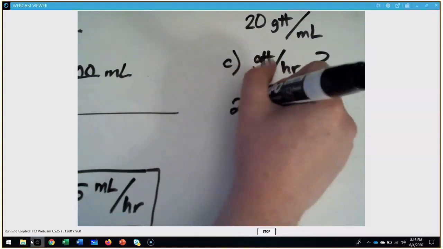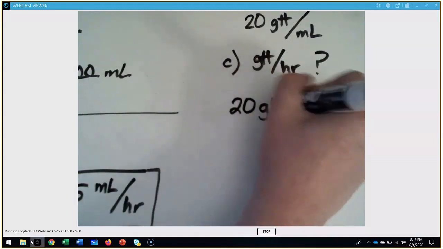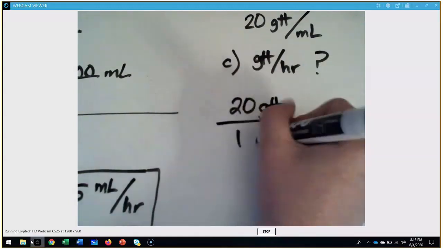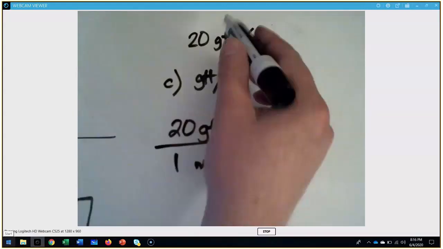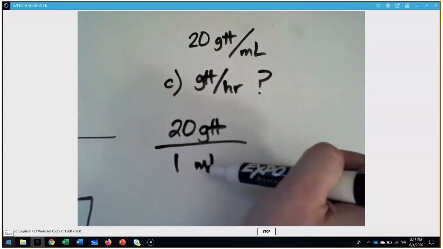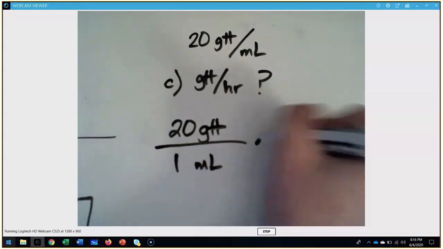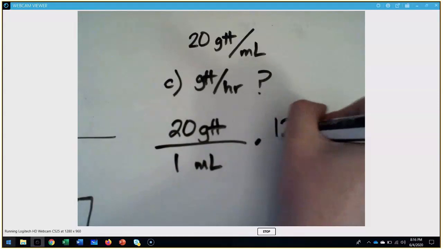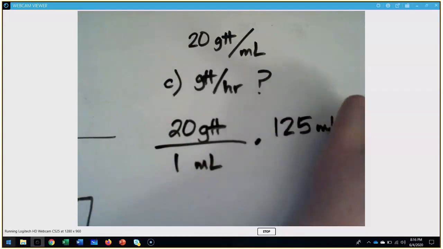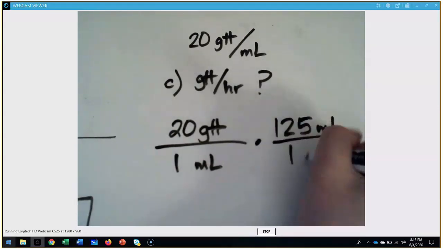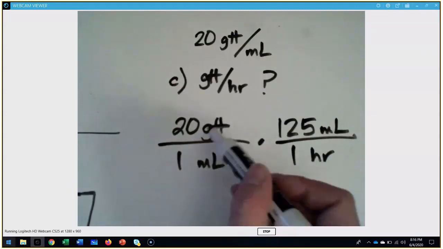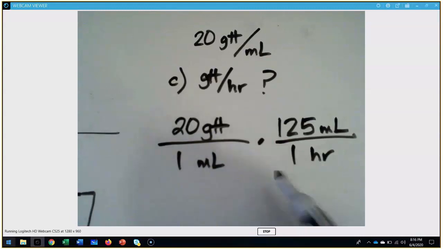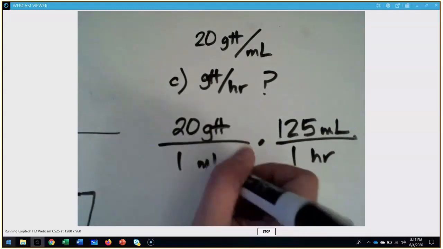If we start with the 20 drops per milliliter, that'll put drops on top, and then we can cancel out using the flow rate from part A. We can cancel out the milliliters right here, and then we'll have drops over hours. We'll have drops per hour as an answer.